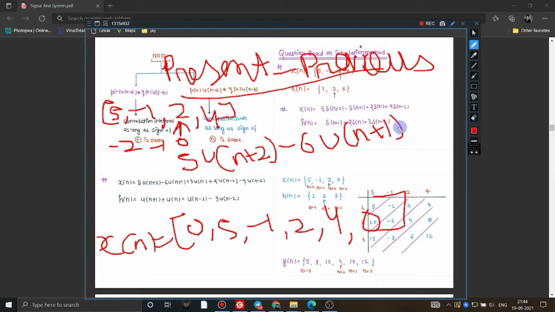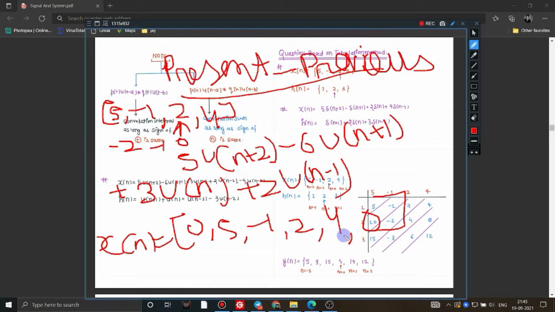Now for this 2, minus 3 is plus 3 u n. And for this 4, 4 minus 2, so it is plus 2 u n minus 1.